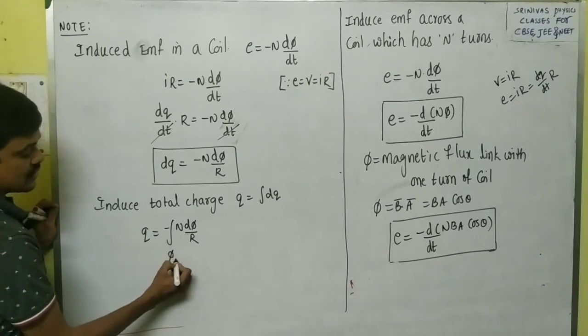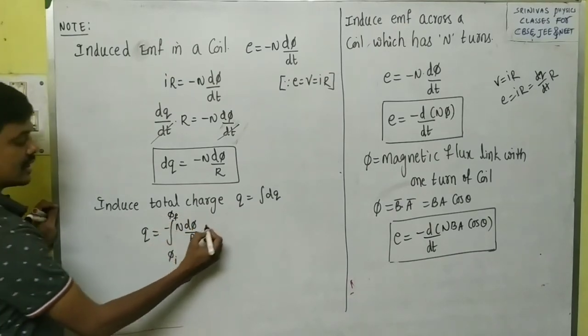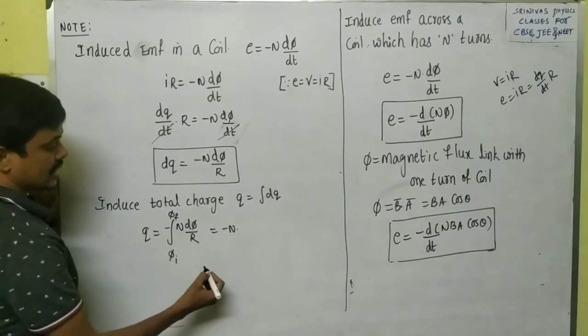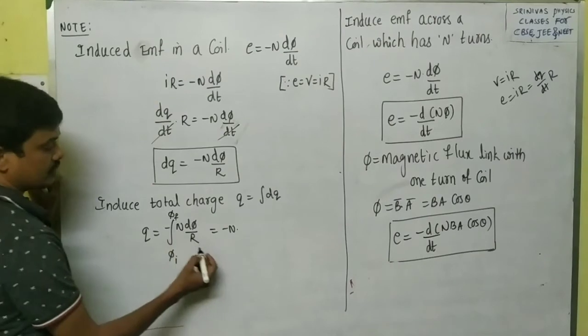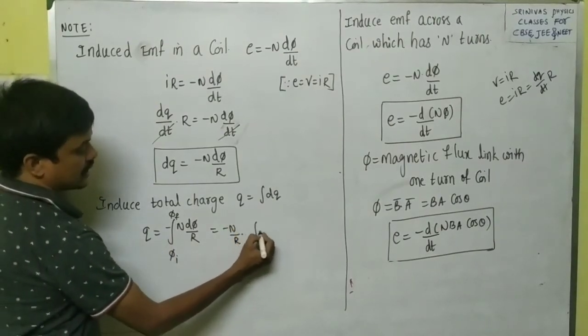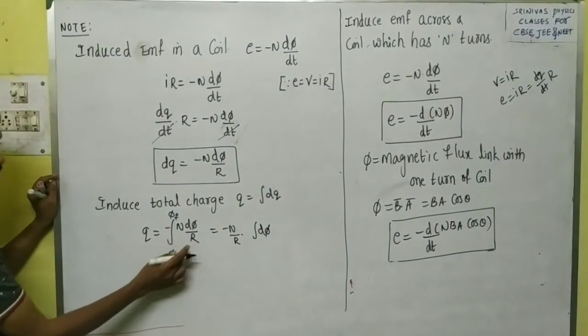What integration limits will we use? Initial flux phi I, final flux phi F. Then we write minus n by R into the integration of d phi. n by R is a constant.